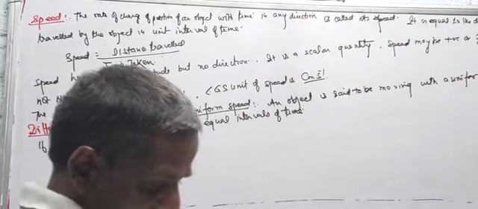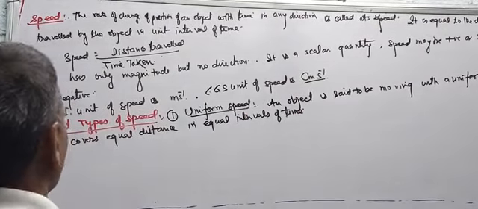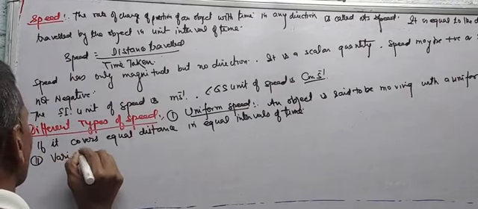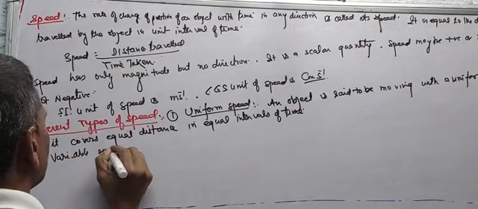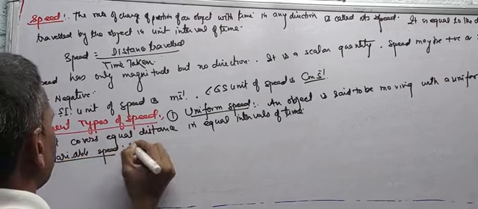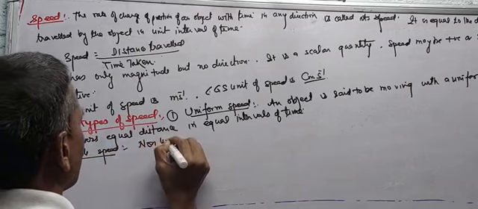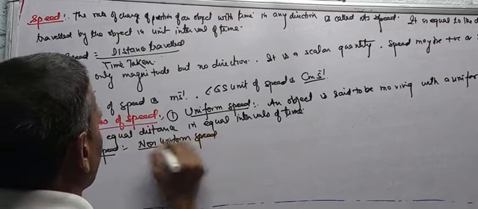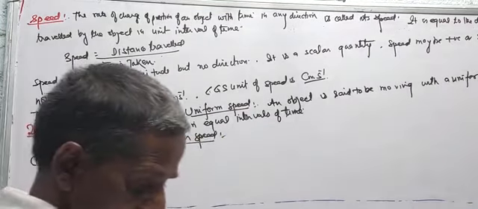Number second is variable speed, or non-uniform speed.